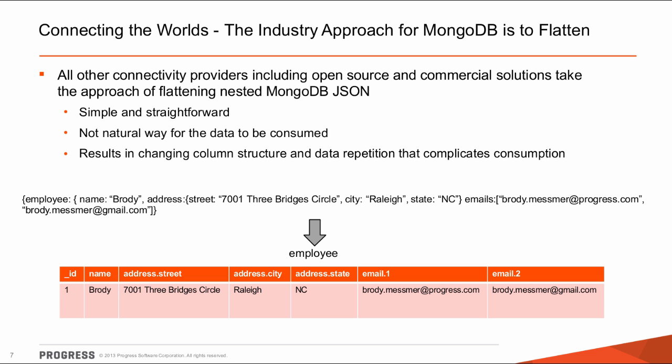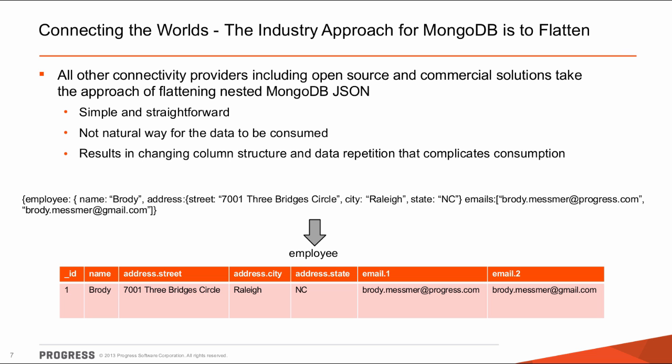At first blush, that looks pretty reasonable. But what happens if the document is deeper than this particular example? Or what happens if there's an individual that has 4 email addresses as opposed to 2 email addresses? How would that impact this approach of flattening?